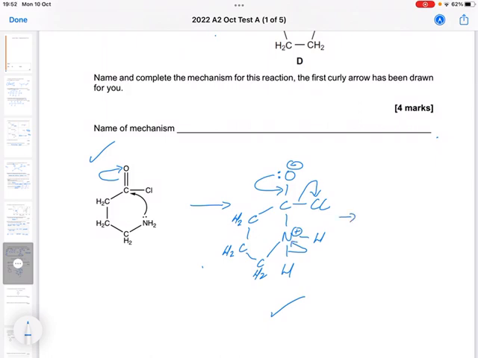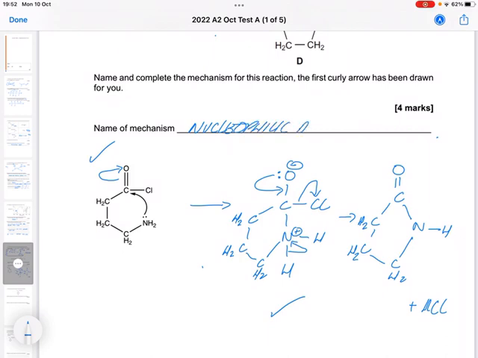And then that gives me, and then again, nothing else has changed here. Just gives me that plus HCl. And this is the nucleophilic addition-elimination mechanism.